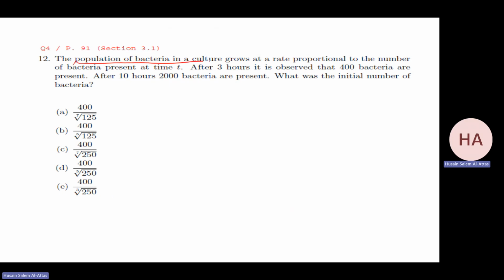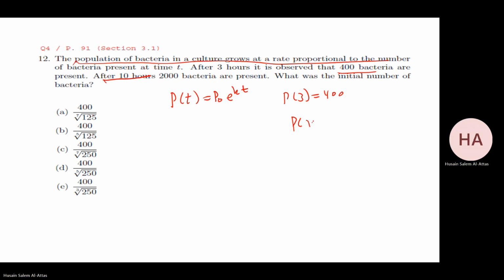Population of bacteria. P of t equals P0 e^(kt). After 3 hours, 400. So P at 3 is 400. After 10 hours, 2000. So P at 10 is 2000.